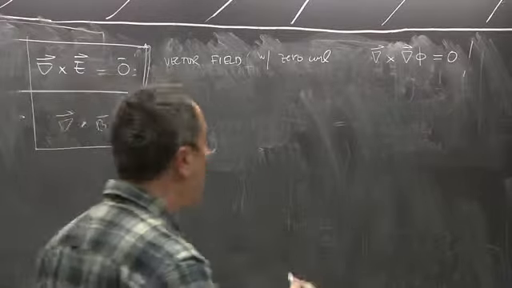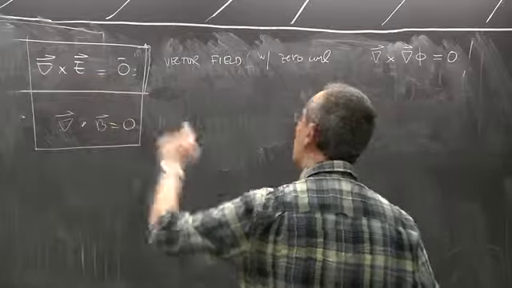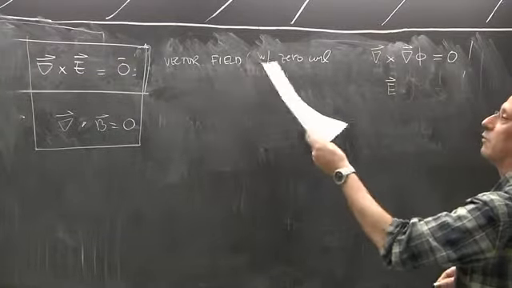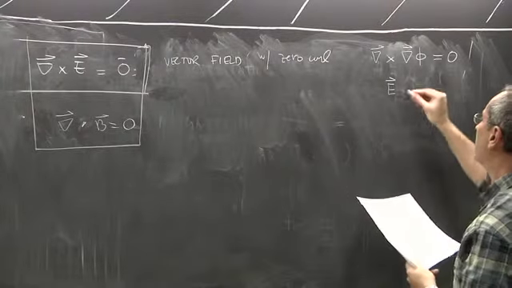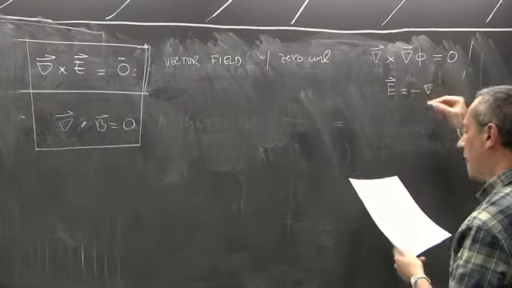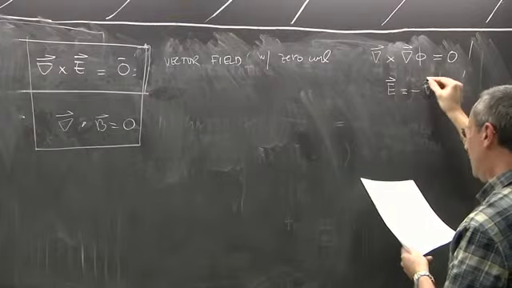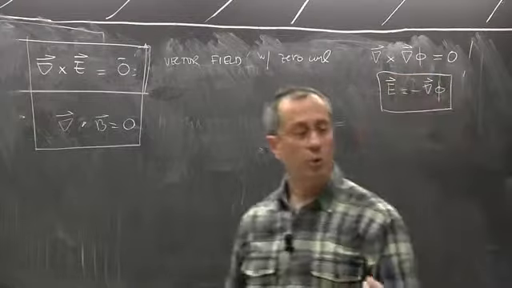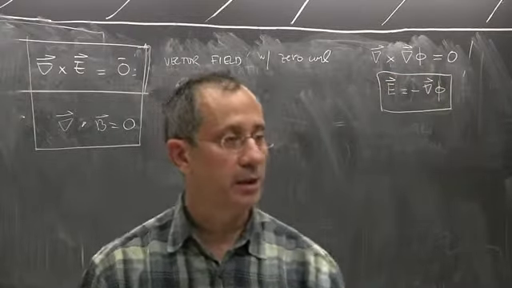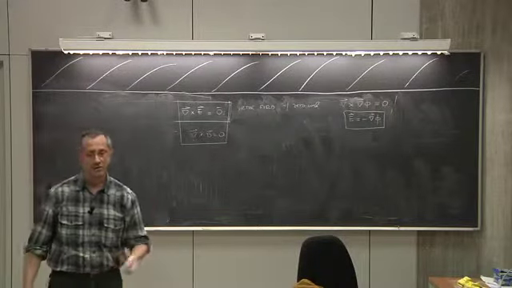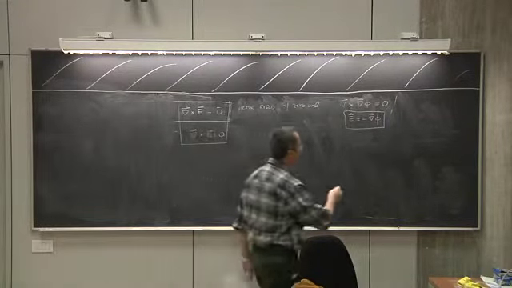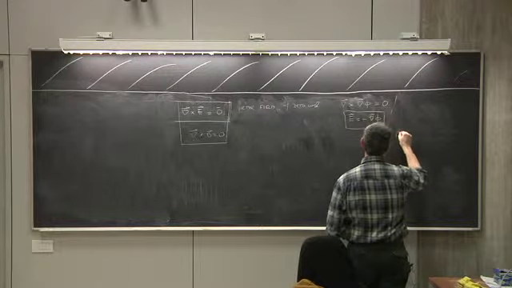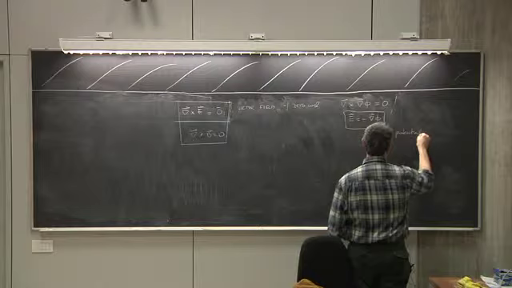But you can turn this around, and because this is always true, that means that the E field, because it's a vector field with zero curl, is always equal to, well, there is a minus because of some convention, the gradient of another field that is called the scalar potential, like with the Lagrangian, right? Scalar, but it's not the same thing.